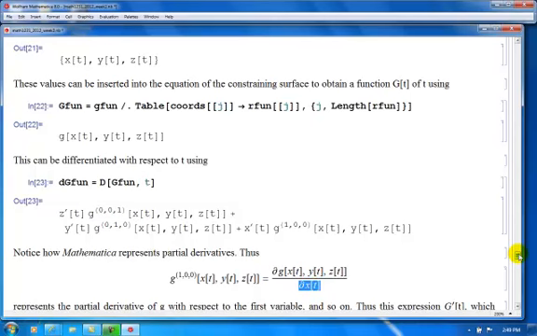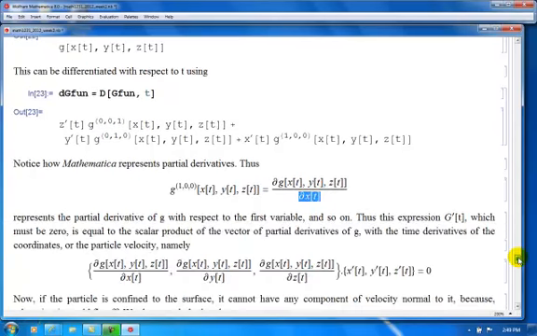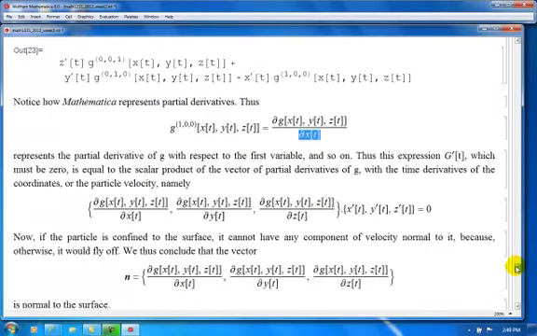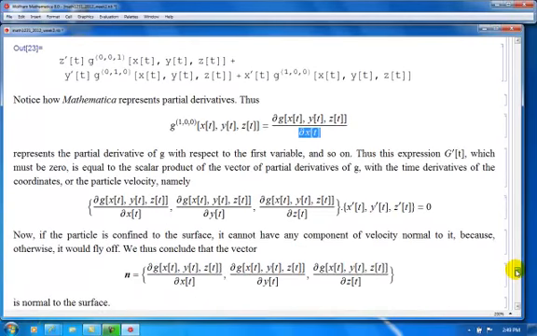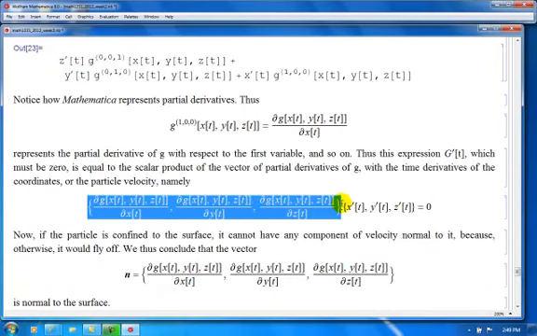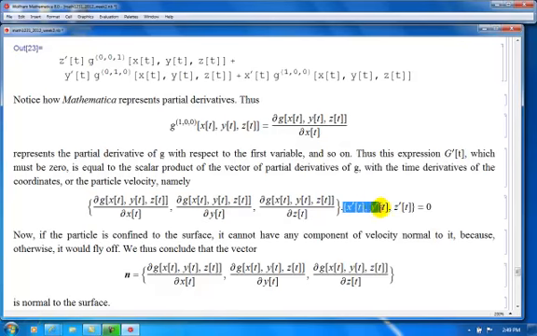If we rewrite that, we can see that this expression here is the scalar product of a vector containing the three partial derivatives of the function g with a vector containing the time derivatives of the coordinates. And of course, they're the velocities.